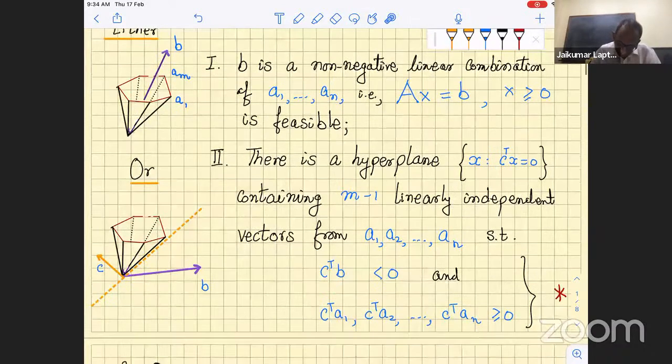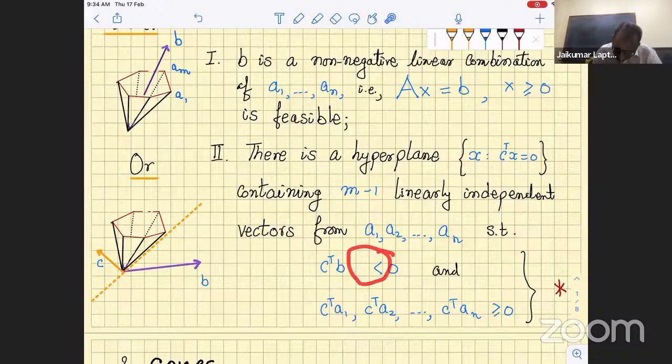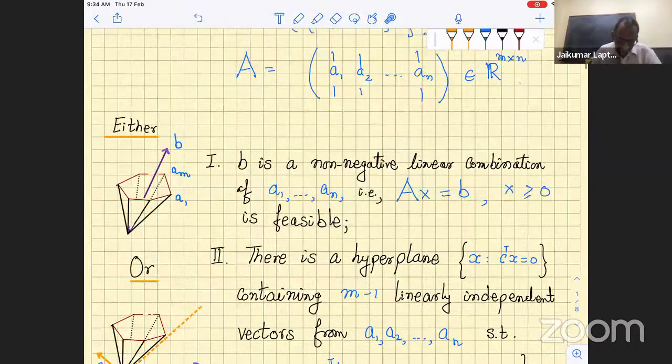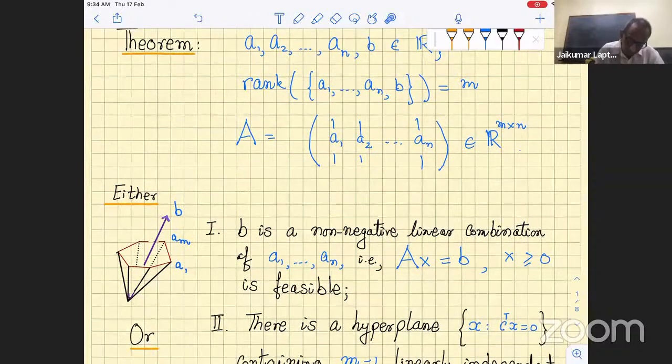This is a strict inequality, and all these are on this side. Furthermore, this cone, we can assume, rests on this hyperplane.